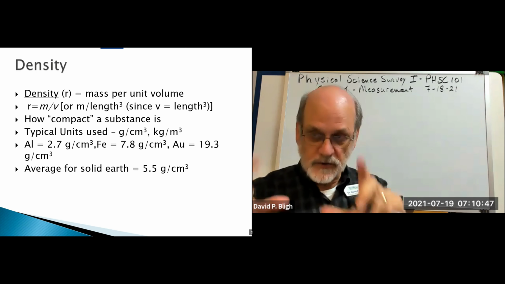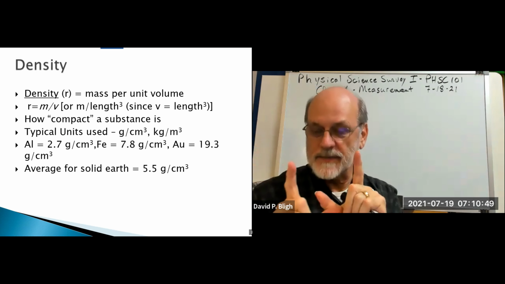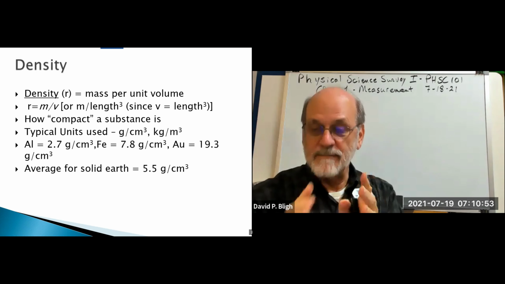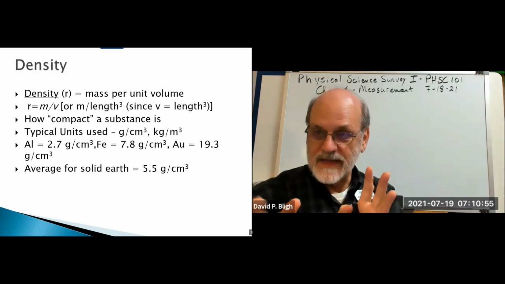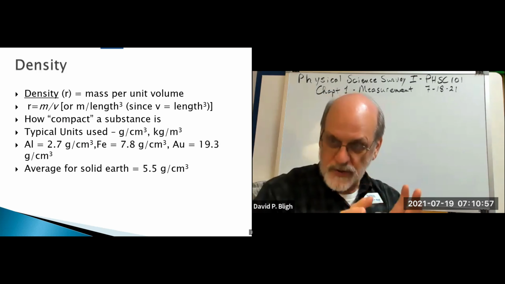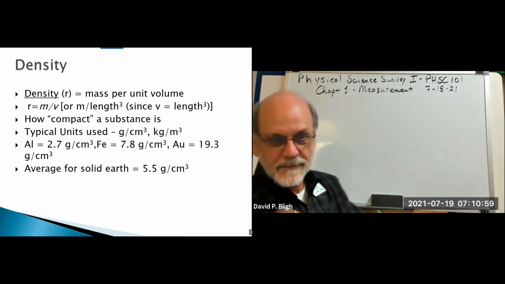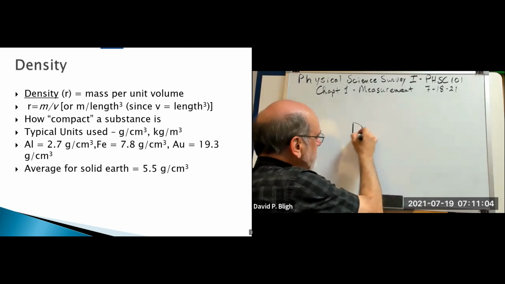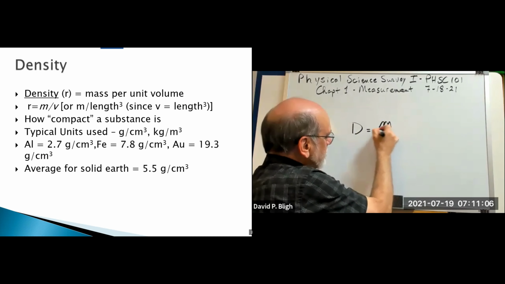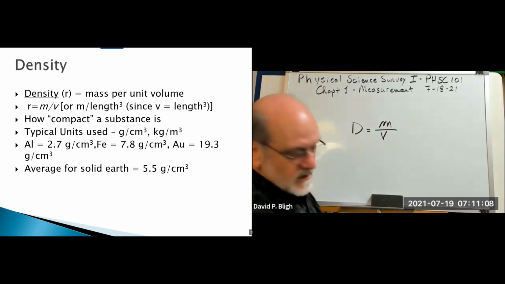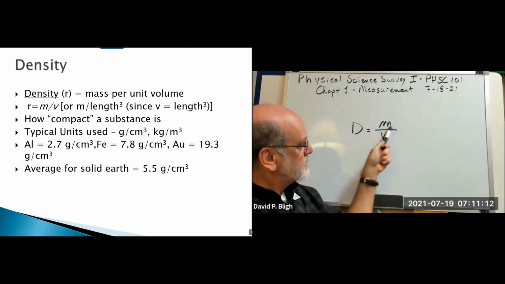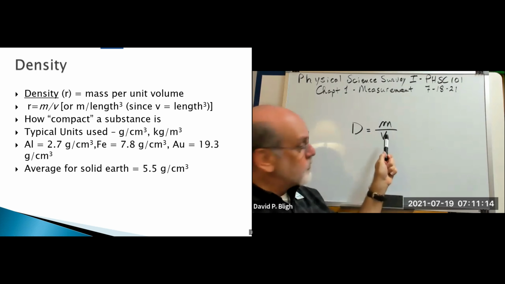So if you have a certain volume of a substance, define volume, and measure its mass, then it's so much mass per that volume. So we write that as a formula like this. Density equals mass per unit volume. That's how much mass it is if you have that much volume.